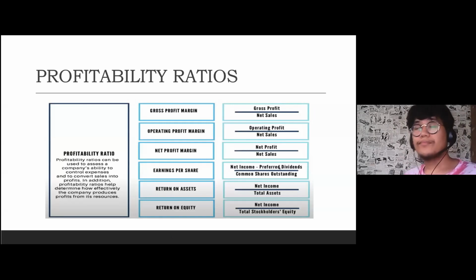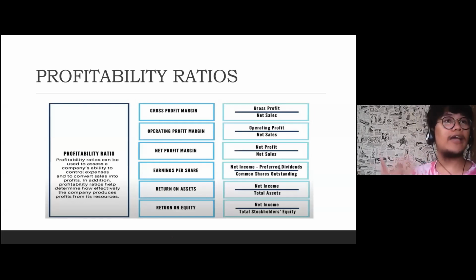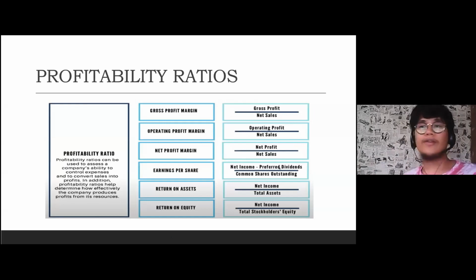Titignan natin dito kung gaano ka-efficiently na-use yung assets for the company to obtain a high net income. Okay? We also have your return on equity. Your return on equity is your net income over your total stockholders' equity.